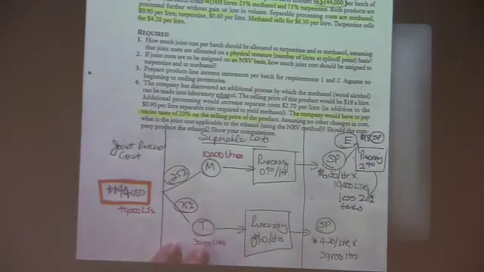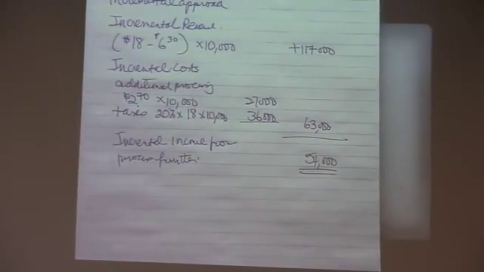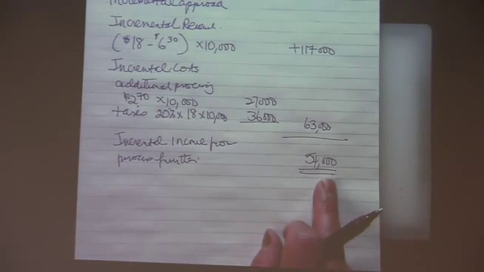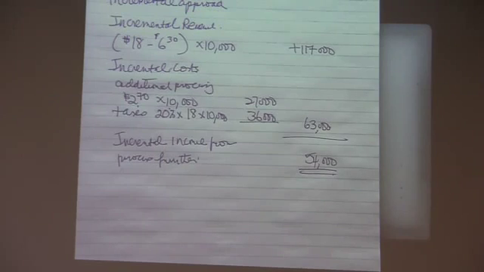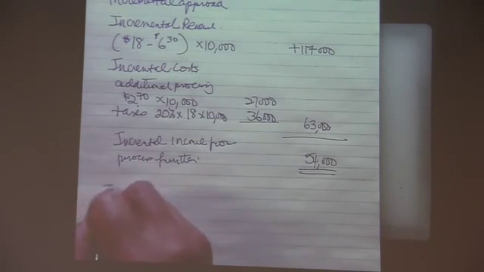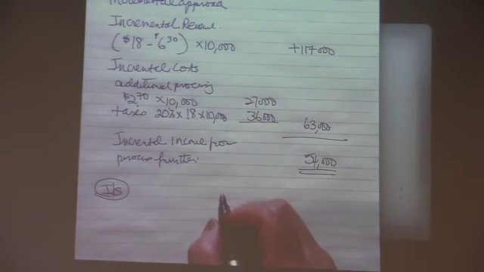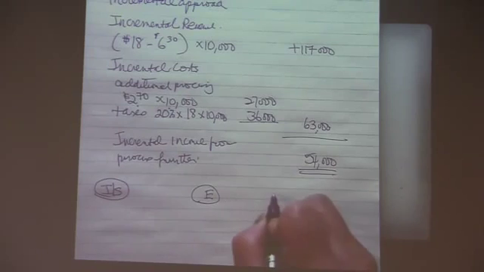Now here's the proof. I wanted just to prove that this is actually the right incremental profit. In other words, it makes sense to process it further from methanol to ethanol. And here's how we're going to prove it. So my total revenue, so let's do an income statement again. And this time we're going to have ethanol and turpentine.